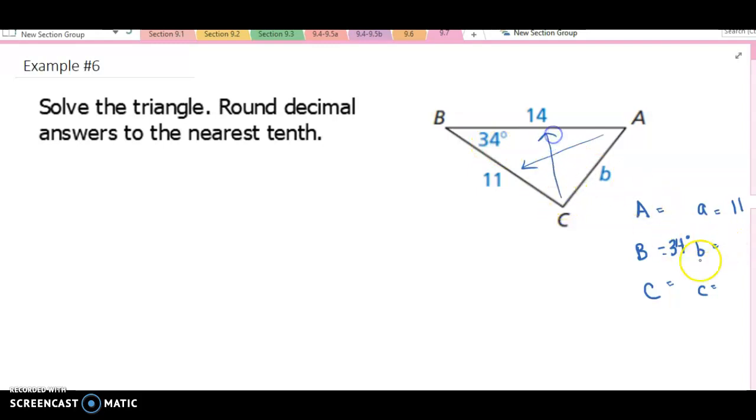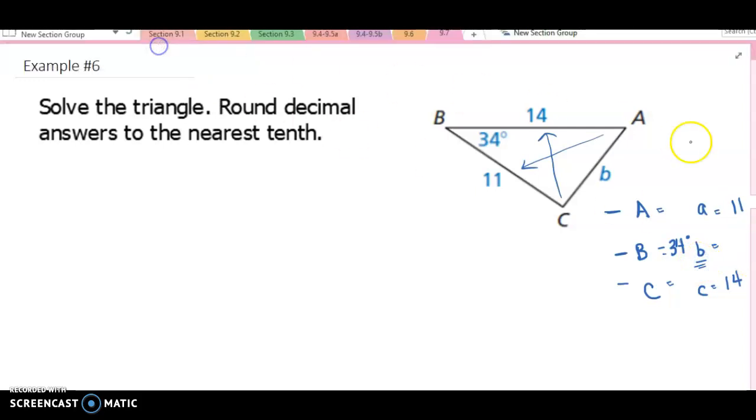Side c is 14. Notice, I don't have an angle and a side pair anywhere. Because I have one of each, it doesn't matter which one I want to go with. I can find either one. So let's find little b first.